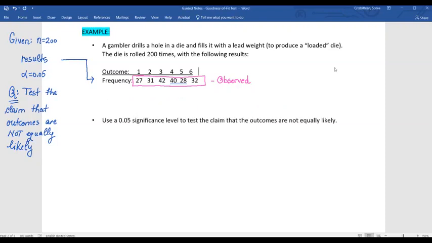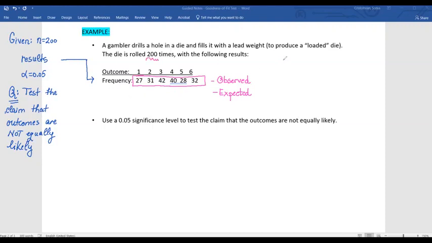So let's do that. The first thing I need to see clearly are the two lists in which I will have observed values and expected values, and this is what we will do on the calculator. We have a list of observed values, and I will create a list of expected values too. If you think about it, what is expected to happen when you roll a die 200 times?